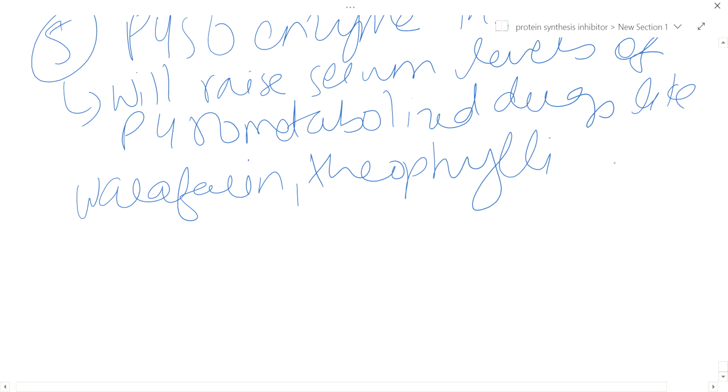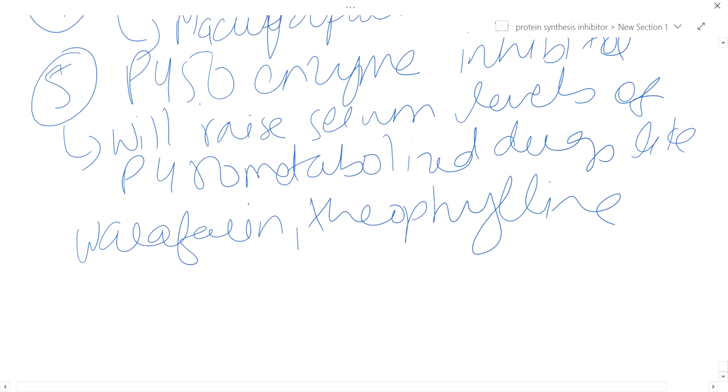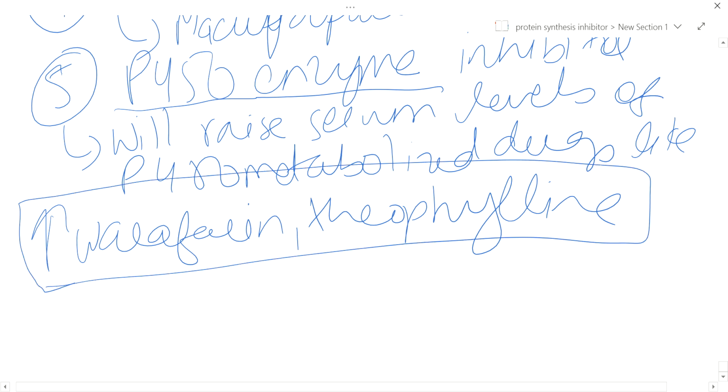Drugs like warfarin and theophylline are metabolized by the P450 enzyme, but this enzyme is inhibited by macrolides. So the blood levels of warfarin and theophylline will be increased in patients who are taking these macrolides.